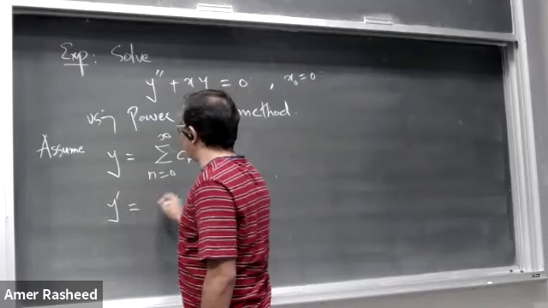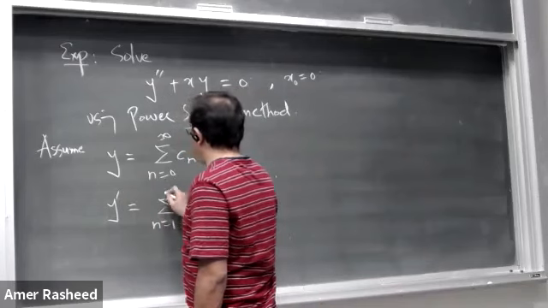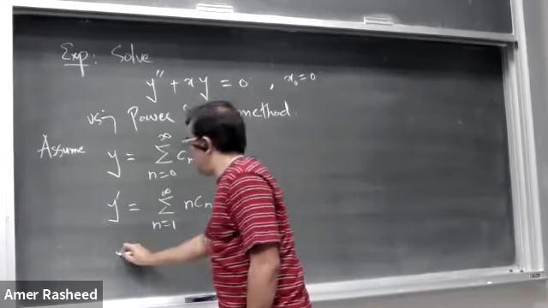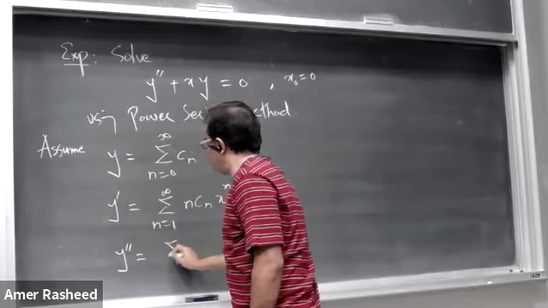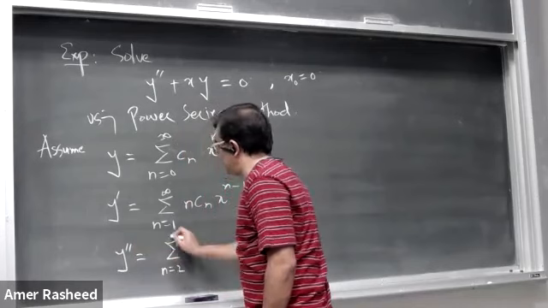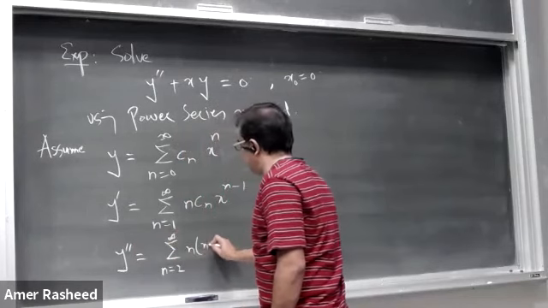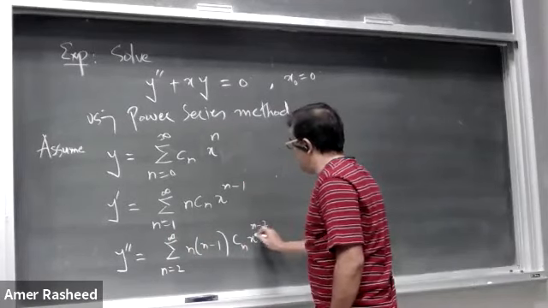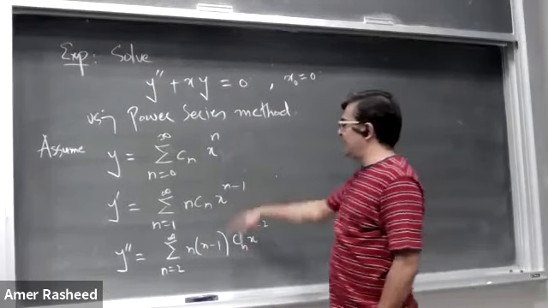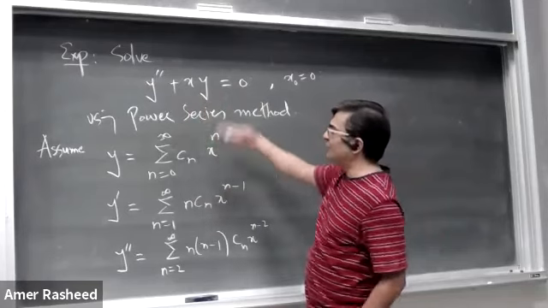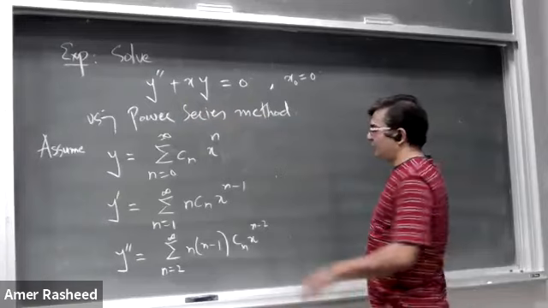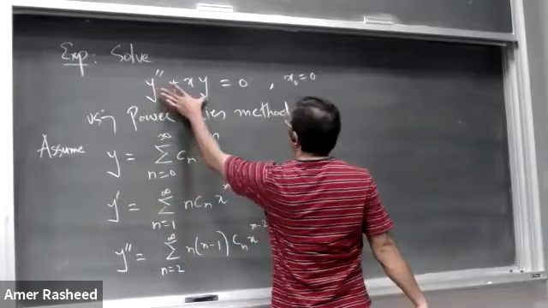I need y dash, which is n from 1 to infinity, n Cn x power n minus 1. And I need y double dash, which is n from 2 to infinity, n into n minus 1, Cn x power n minus 2. So I'm going to insert these things here. In fact, two things, because we don't have y dash, luckily, here. So I only put y double dash and y here.